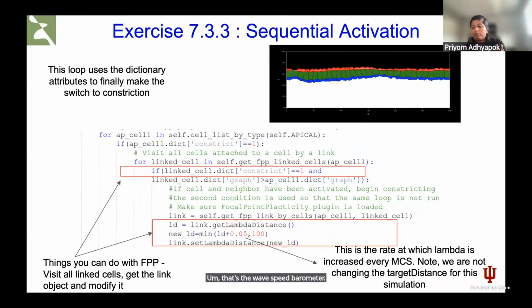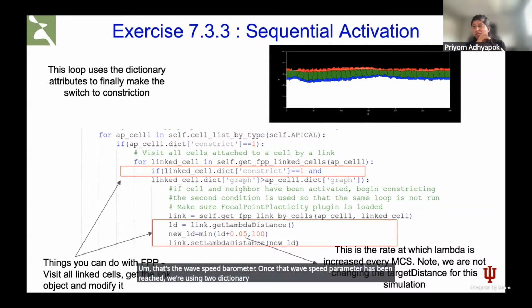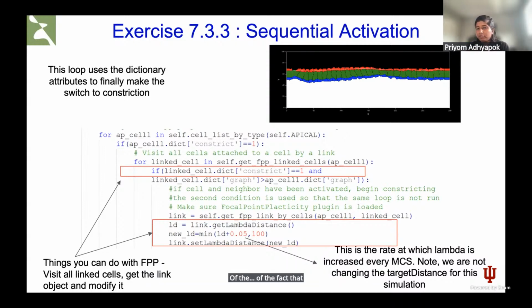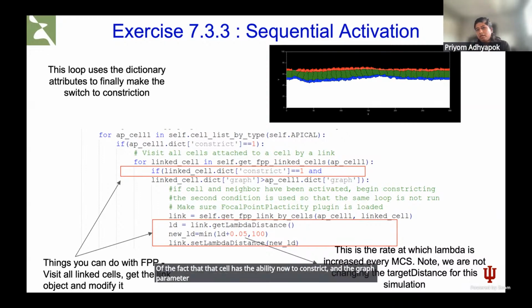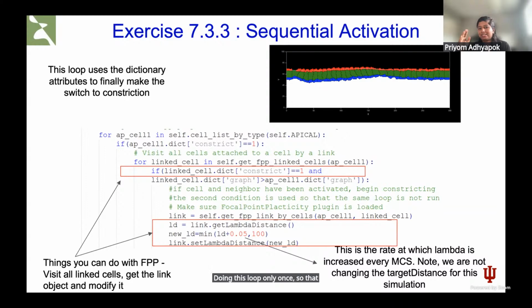Once that wave speed parameter has been reached, we're using two dictionary variables called constrict and graph to keep tabs of the fact that that cell now has the ability to constrict. And the graph parameter additionally lets us make sure that we are doing this loop only once, so that we are following a cell to the left and then the immediate one to its right.